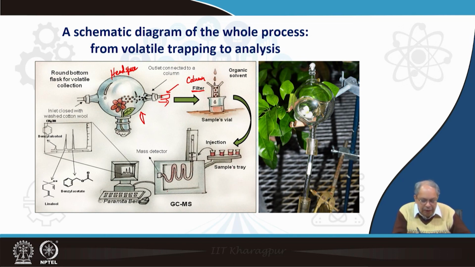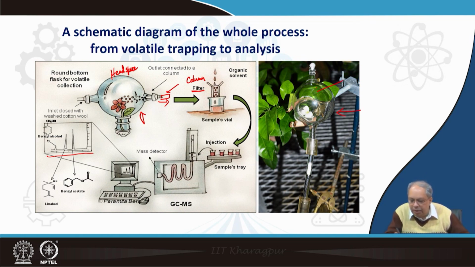Later it is analyzed through GC or GCMS, and eventually you will get this sort of chromatogram. With the use of a library, the NIST library, mostly the compounds can be identified, and confirmation can be done by running some standards. So, this is in general, and this is one real example in the laboratory.